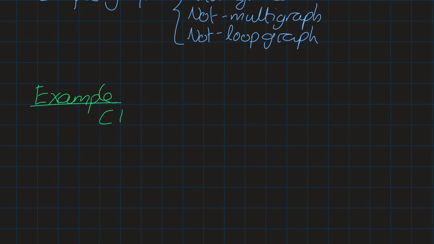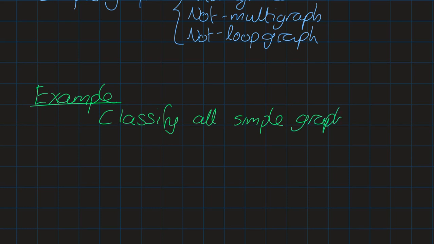Example. Classify all simple graphs with 3 vertices up to isomorphism.